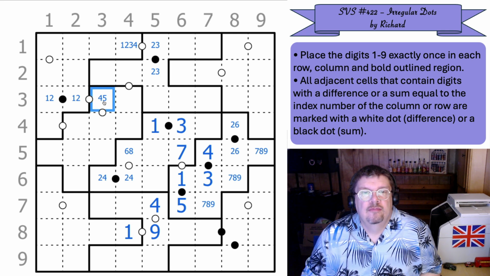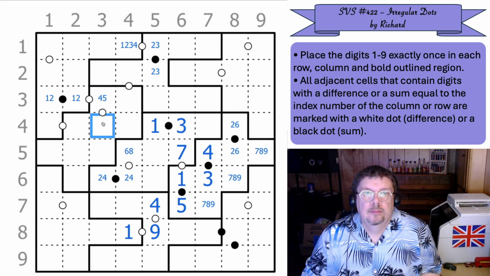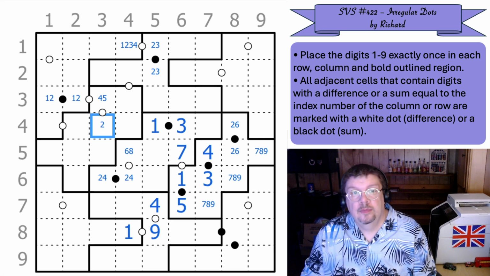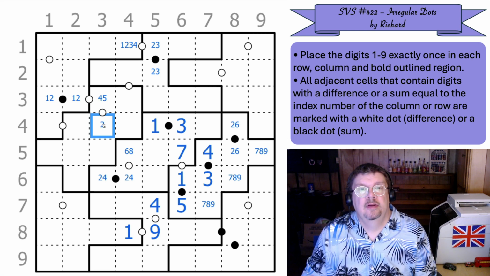Difference of 3 between these two. So 4 could go with a 1, but it can't because of Sudoku. 5 could go with a 2. And then 4 could go with 7, and 5 could go with 8.